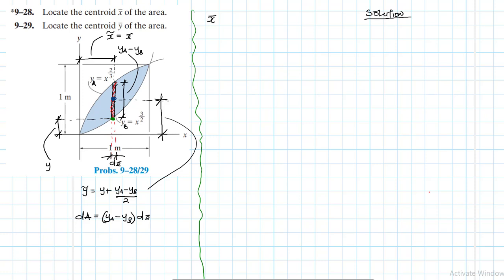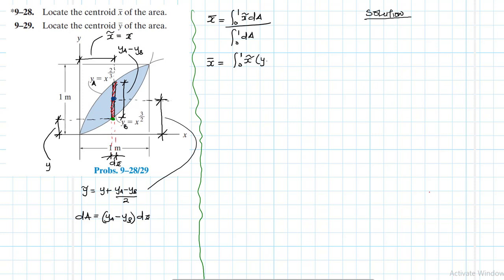So our x bar is going to be equal to integral from 0 to 1 x squared dA divided by the integral from 0 to 1 of dA, which is the total area. What is our dA?